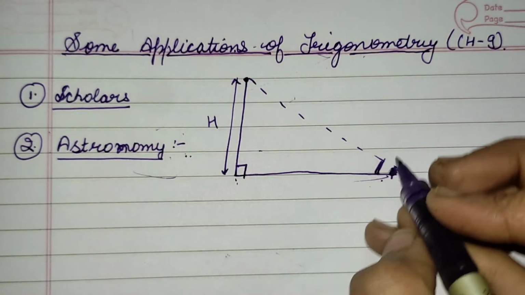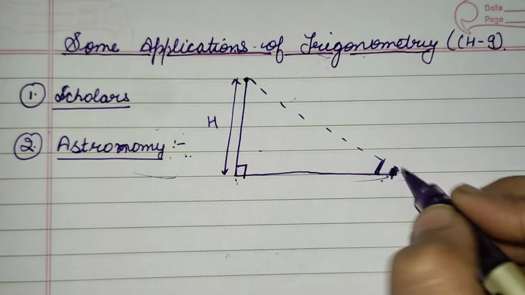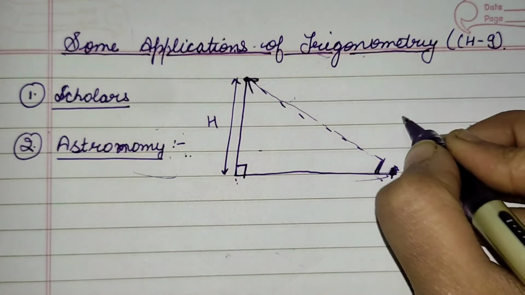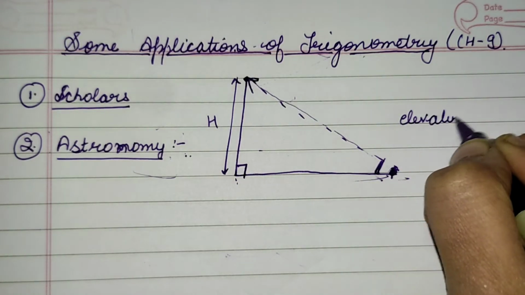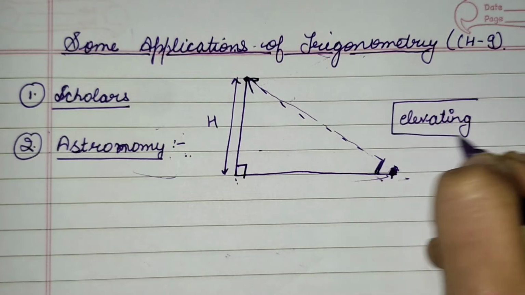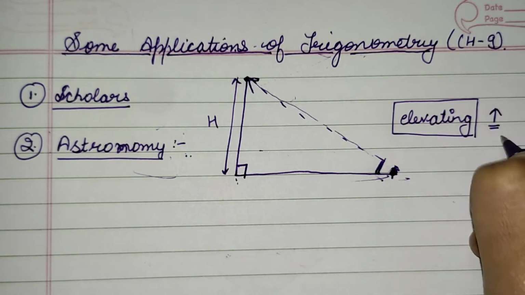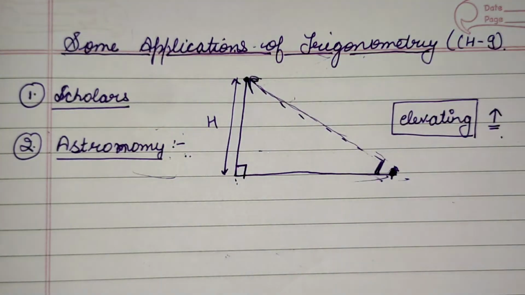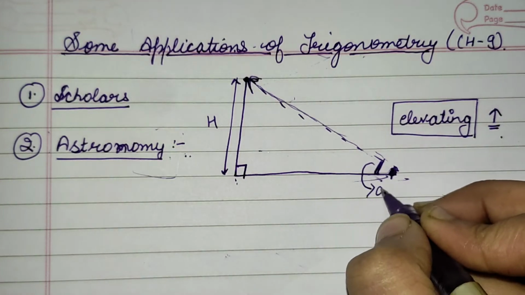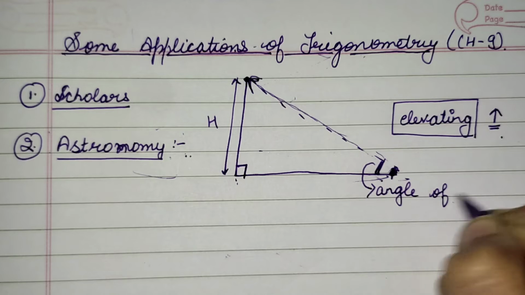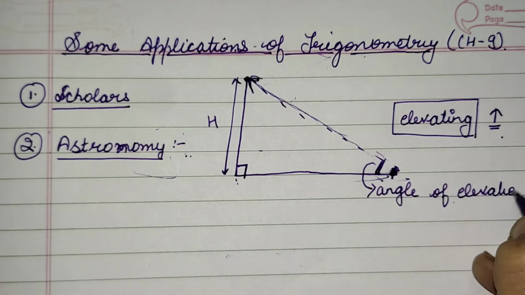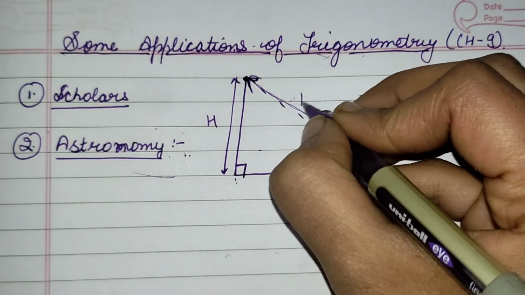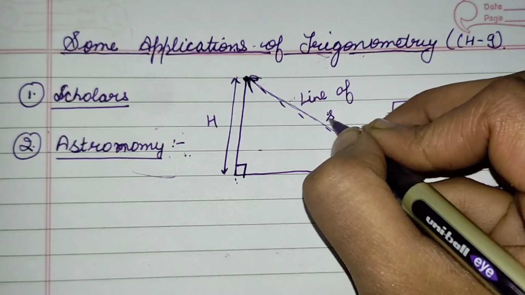The things used in this case are that you are looking in the upward direction, which means you are elevating something. Elevate means to increase, and you are increasing your eyesight in the upward direction, so your angle is called the angle of elevation. This is called my line of sight. Why?